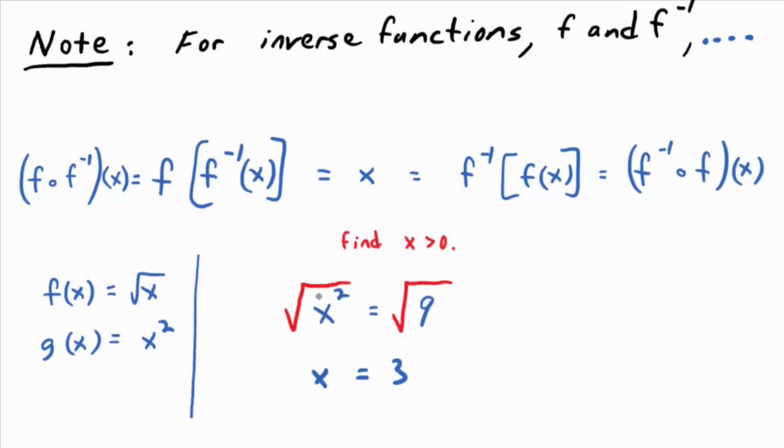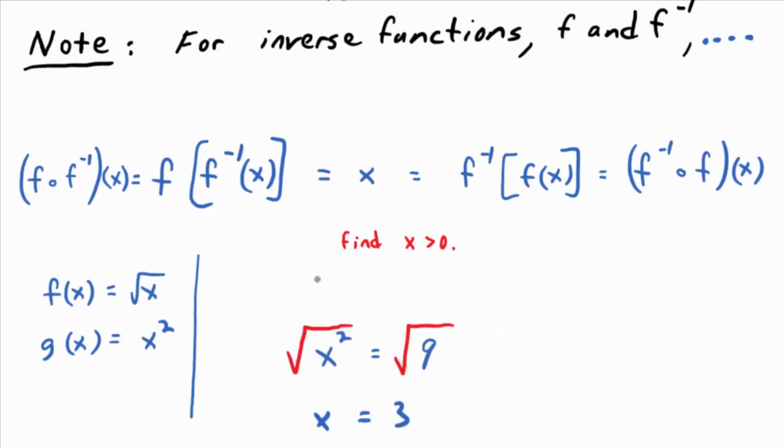So really what you did was you inserted both sides of the equation. Let me remind you what we started with: x squared equals 9, right? Really what you did was you inserted both sides of this equation into the square root function, which is the inverse of the squaring function. And you guys kind of knew that already, right? You take the square root of something squared, you just get that base x back again.